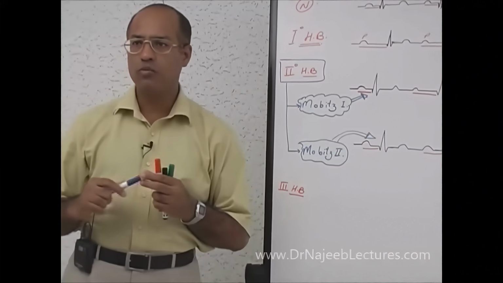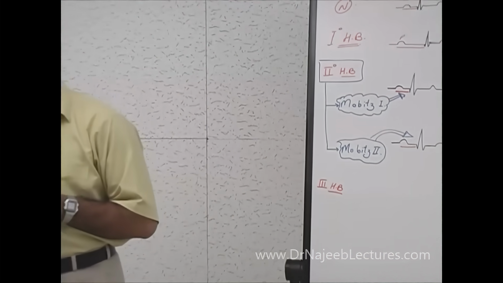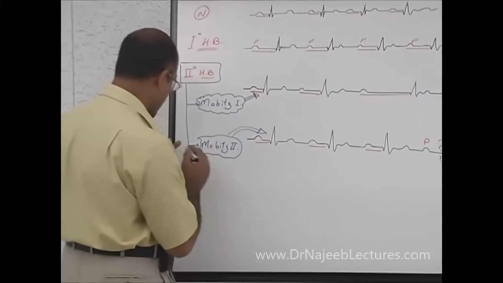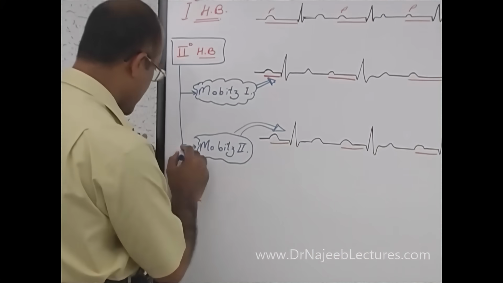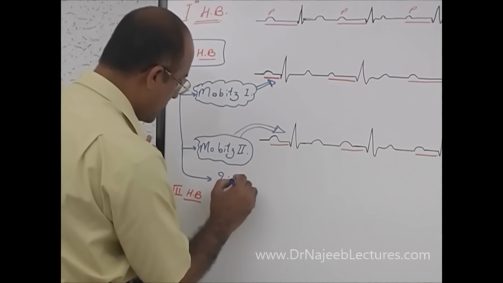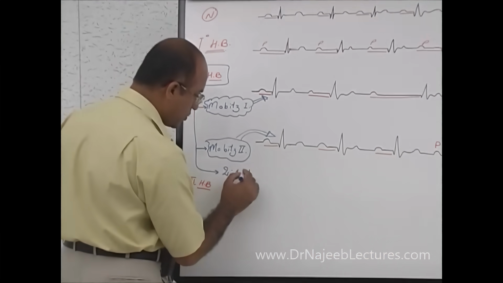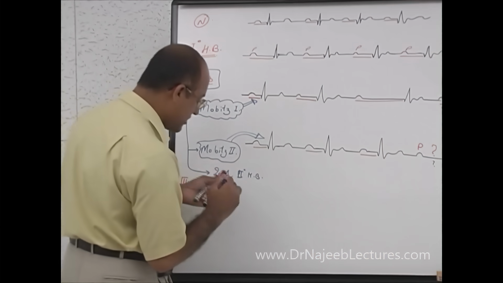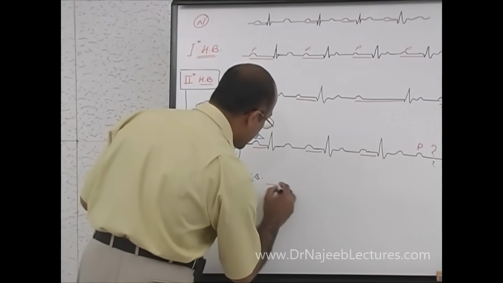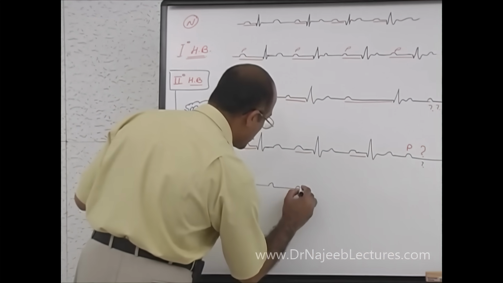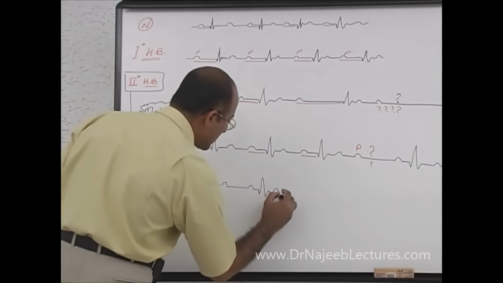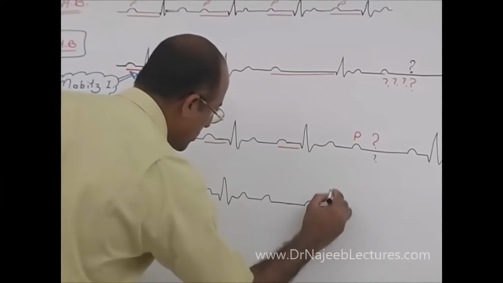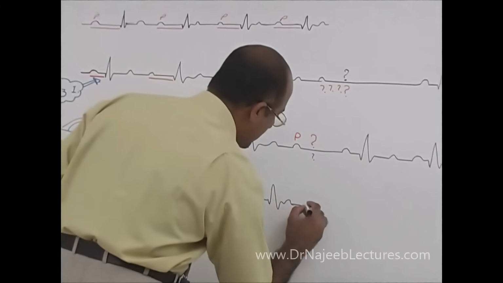Then there is one more type of second degree heart block. Some people call it 2:1 second degree heart block. In this case, after 2 P waves there is one QRST, then another 2 P waves, then QRST.